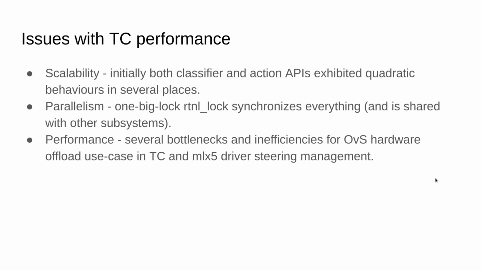For example, when a user tries to change an IP address on an interface, it also takes the RTNL lock, so it's very highly contended in systems. Another major issue was just the performance of both TC and the MLX5 driver. It was not that fast to begin with, even without all the scalability and parallelism problems.